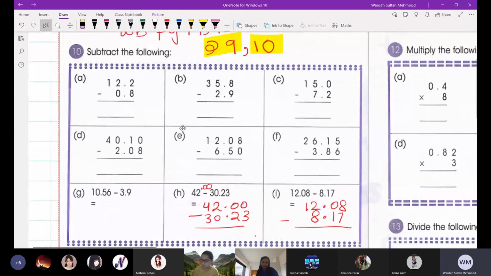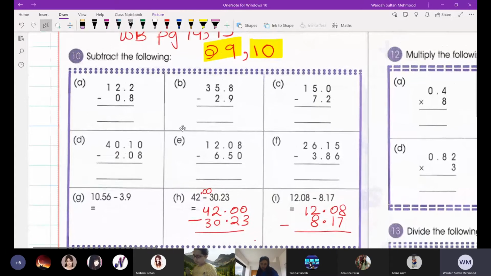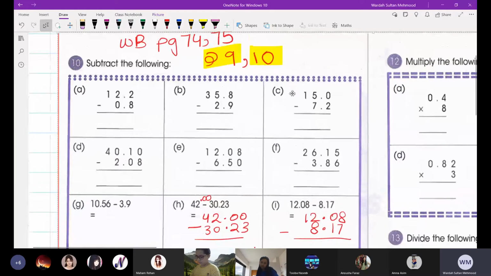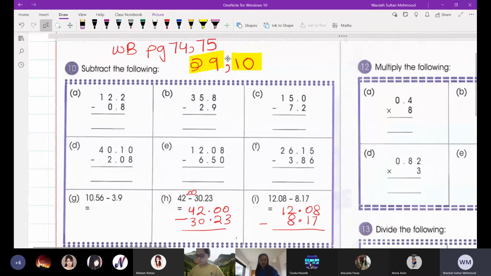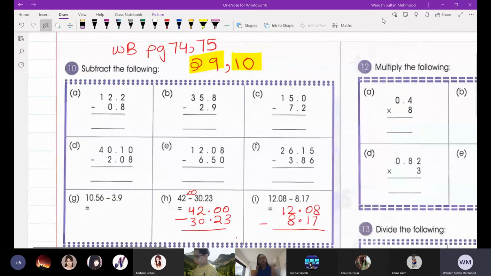Start doing that. Only speak when you have a question. Otherwise, just raise your hand if you're done. Question number 9, question number 10. If you have any problem, please ask me. Teacher, will you confirm the answers for yesterday's work?